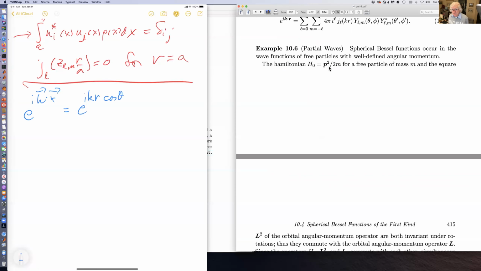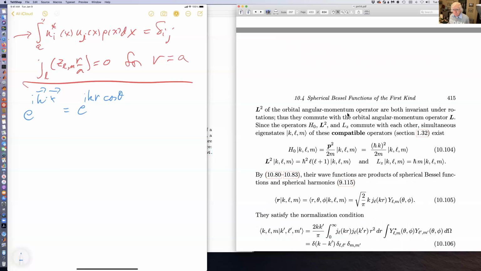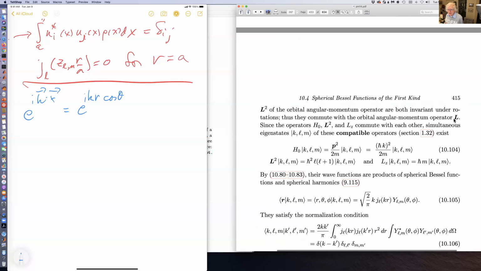This has spherical symmetry. L squared, which is the orbital angular momentum operator squared, has spherical symmetry. And they both commute with the orbital angular momentum operator, but the different components of the orbital angular momentum operator don't commute with each other, so we pick one of them, Lz typically.